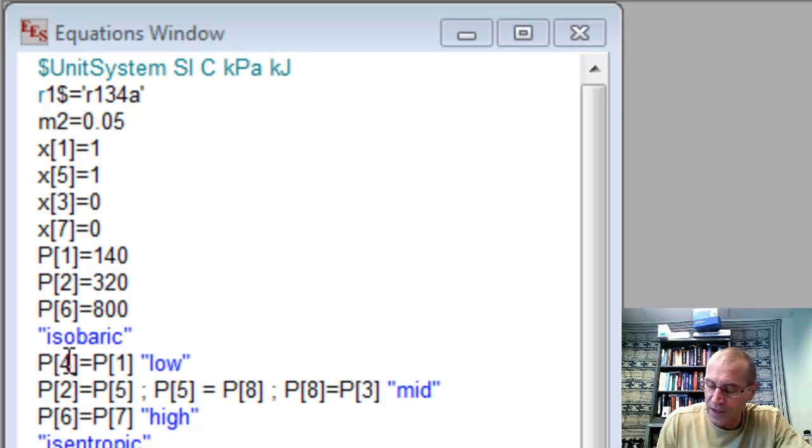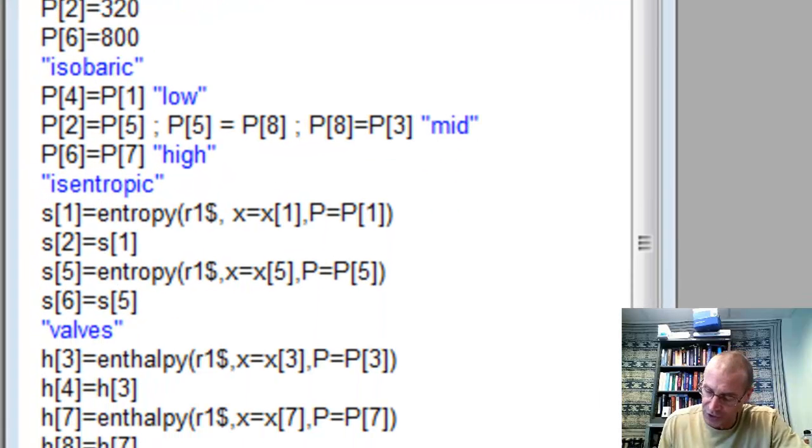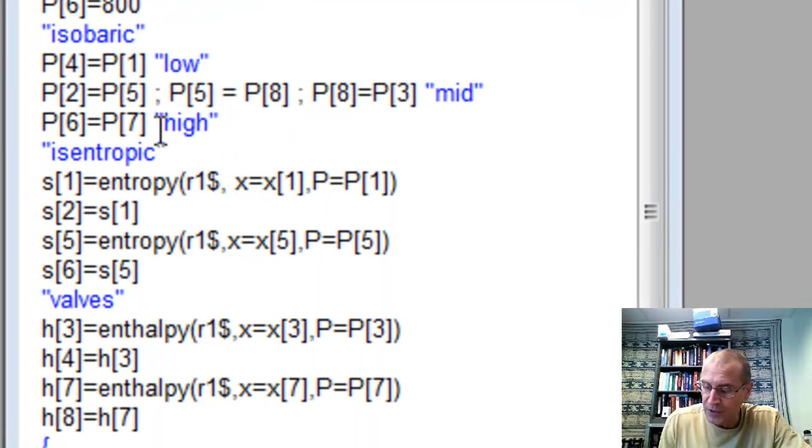This is going to be the closest they could be, to follow what's in the book. But recognize normally we would want 2 middle pressures to have an efficient heat exchanger. Then we've got our isobaric steps, and I label which ones are at the low pressure, that middle pressure, and at the high pressure. We'll keep it simple and straightforward at this point. We'll have isentropic compressors from point 1 to 2 and point 5 to 6.